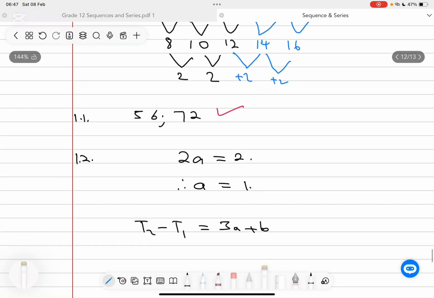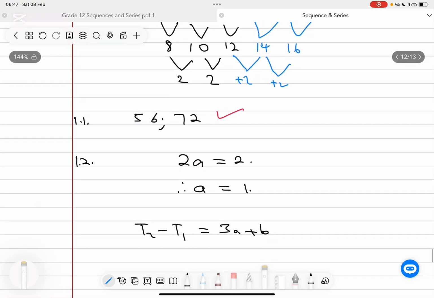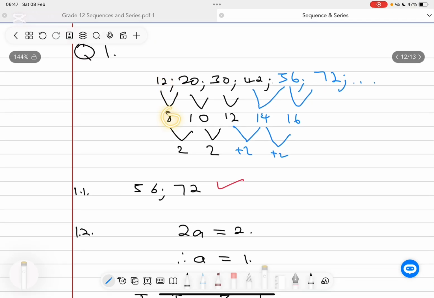Now, we know that this difference is given by the 8 here, because it's the first of the first differences. Remember, we get this 8 by saying T2 minus T1. Maybe I write these things here at the top to assist us.